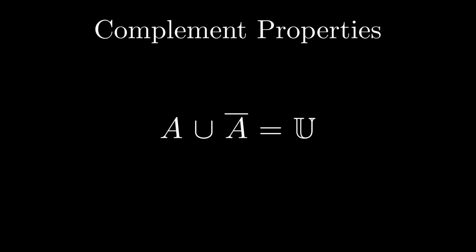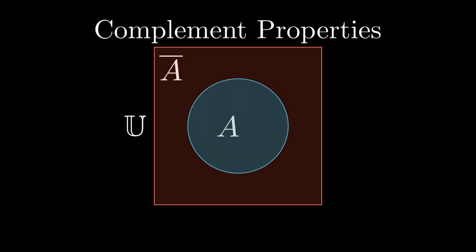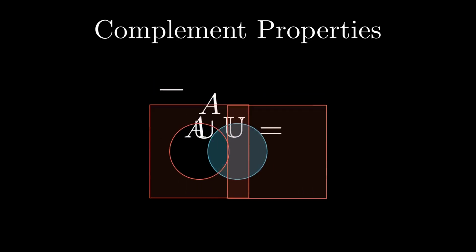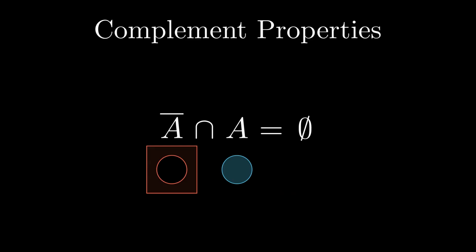This is because we can think of the complement of a set as everything that isn't in the set. So every element that isn't in the set, unioned with every element in the set, is every possible element, i.e. the universal set. Similarly, if we create an intersection of a set with its complement, we get the empty set.